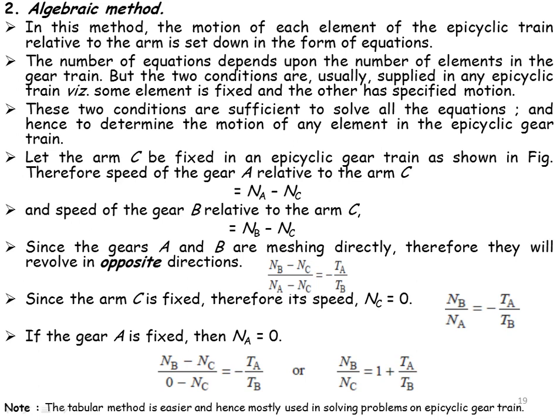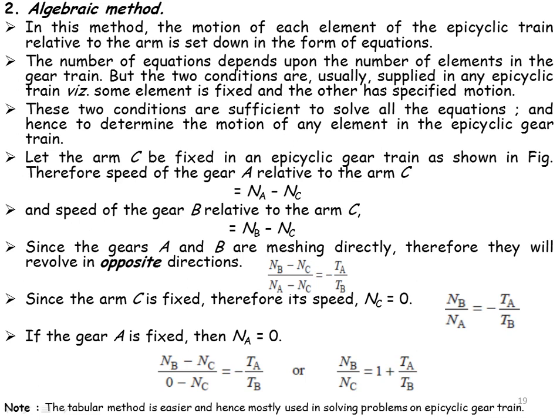So let us see. Let the arm C be fixed in the epicyclic gear train, and the speed of gear A relative to the arm will be Na minus Nc, and the speed of gear B relative to arm C will be Nb minus Nc. Since gears A and B are meshing directly, they will revolve in the opposite direction, that is, (Nb minus Nc) by (Na minus Nc) will be equal to minus Ta by Tb.